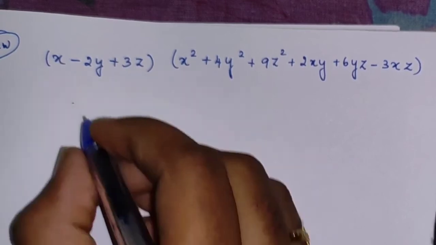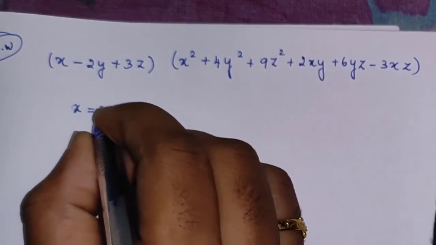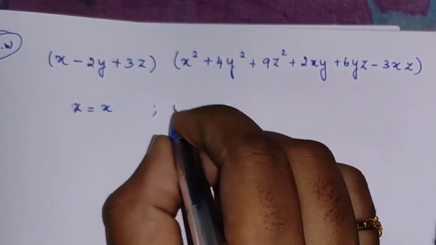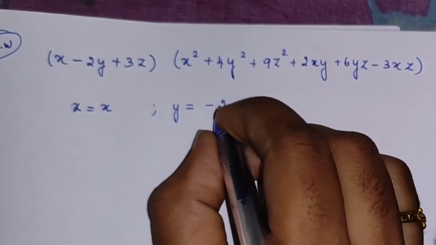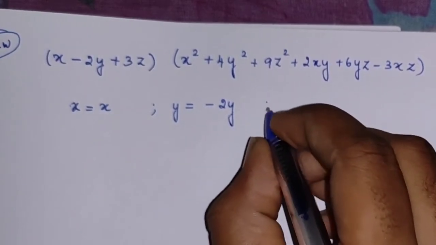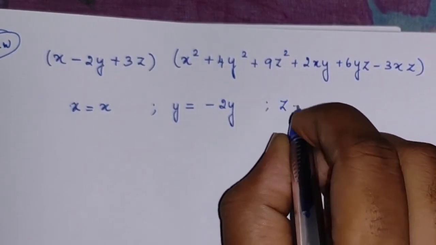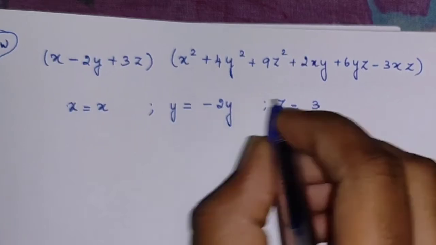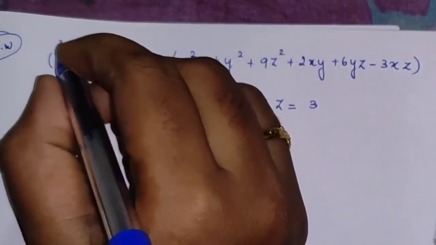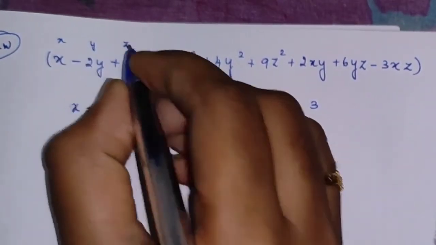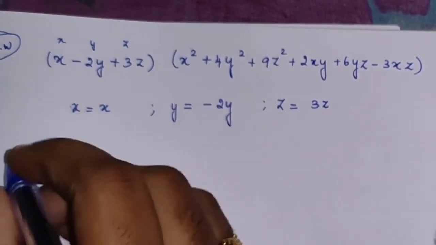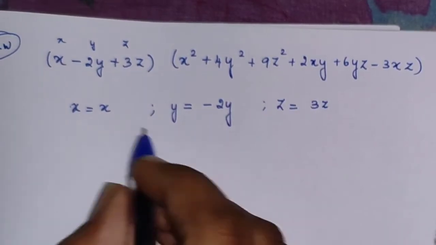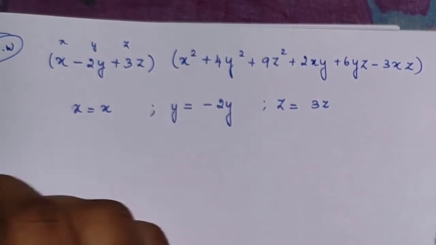Here x is equal to x, y is equal to minus 2y, and z is equal to 3z. Use the same formula and try to simplify this.